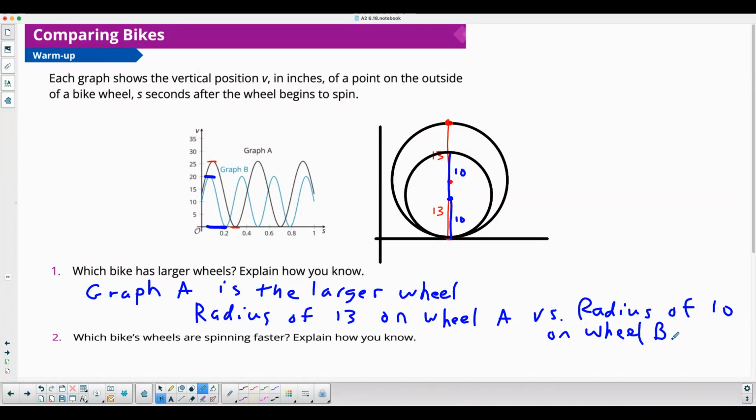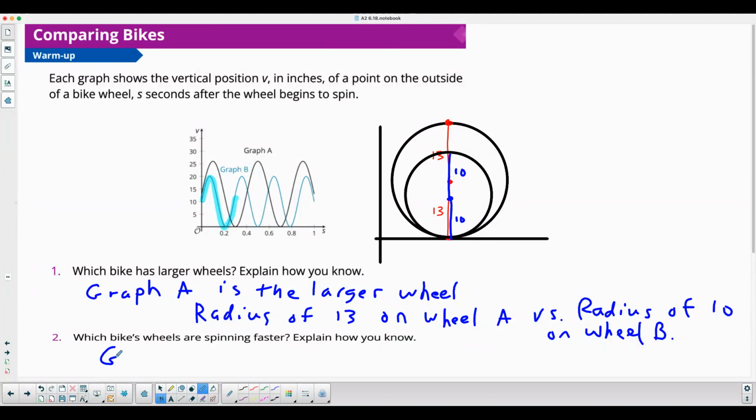Okay. Which bike's wheels are spinning faster? Explain how you know. So faster would have to do with the time that it takes to do a full cycle. So if I look at graph B here, a full period is in about 0.3 of a second.